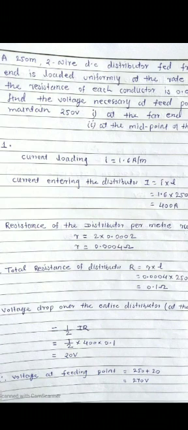Put the values: 1 by 2 into I, which is 400, into resistance, which is 0.1. It becomes 20 volt. So the voltage drop over the entire distributor is 20 volt, and the voltage at the feeding point is 250 plus 20, equal to 270 volt.